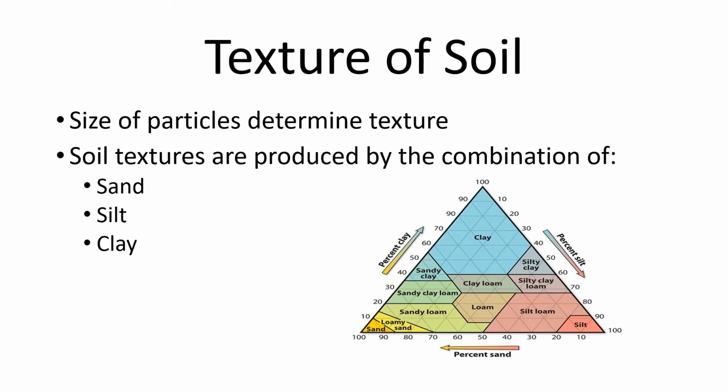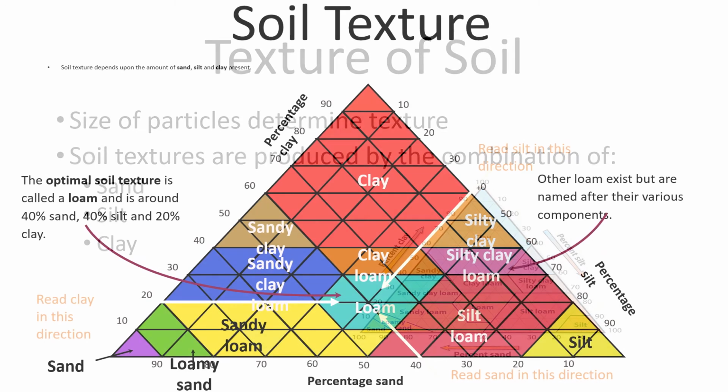And so here we have a soil triangle. We will go over it in class, depending on when you watch this video. Basically, we look at the percent sand, the percent silt, and the percent clay, follow the graph, and where the lines intersect will give you the definition of your soil.